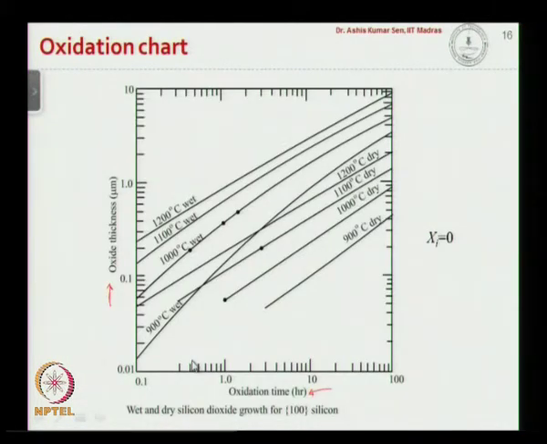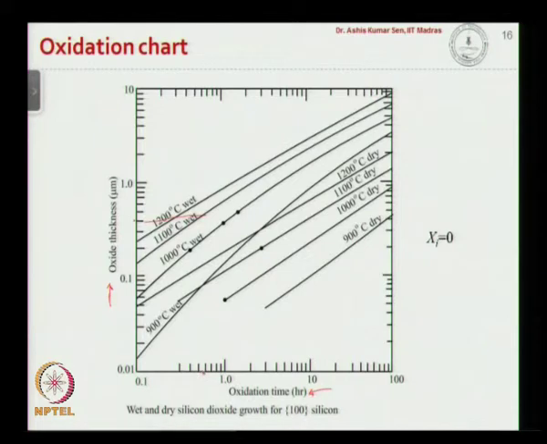So if your oxide thickness is about 0.4 micron, so this is 0.1, so this is about 0.4, and 1100 degree, if you draw a horizontal line here and a vertical line, it is going to intersect at 0.4 hour.